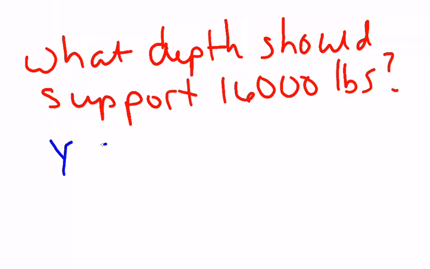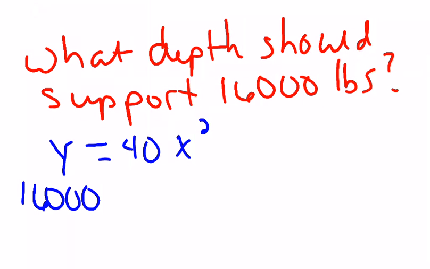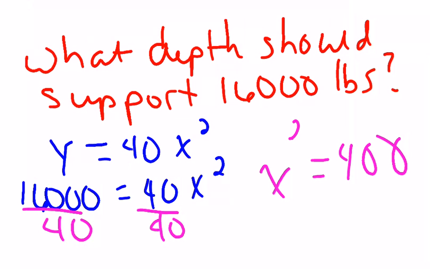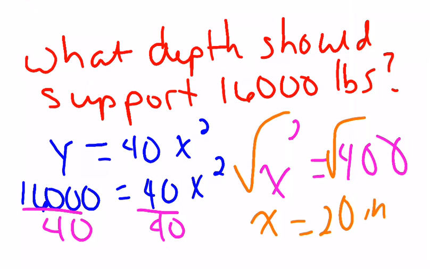So we have y equals 40x squared, and so we have 16,000 pounds equals 40x squared. Then we divide by 40. And so that gives us 400. And then how we undo a square is a square root. And so we get x equals 20 inches.